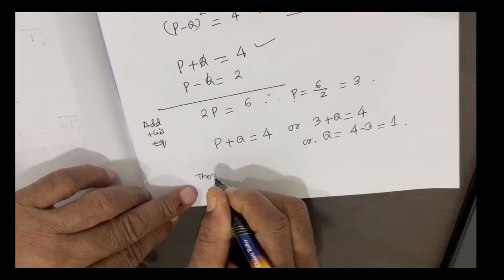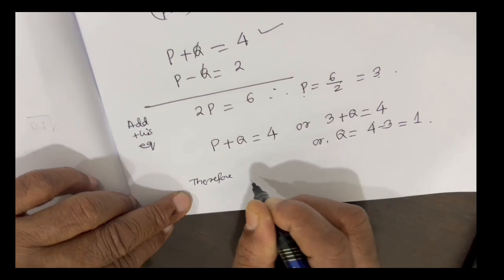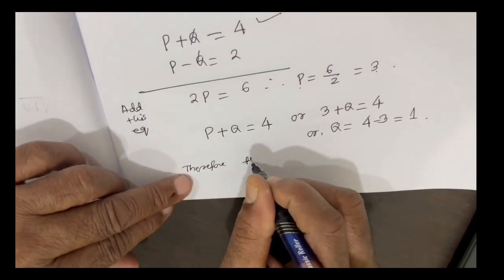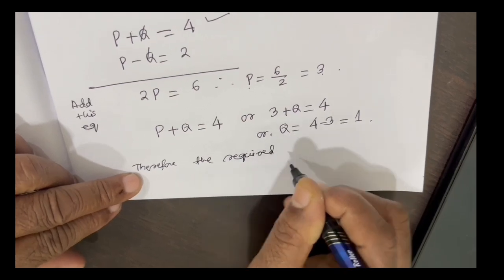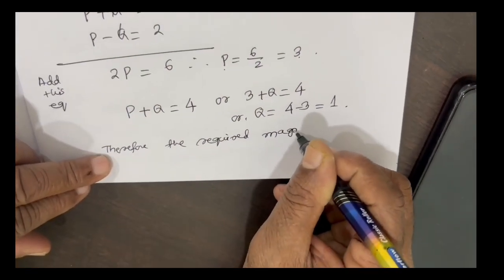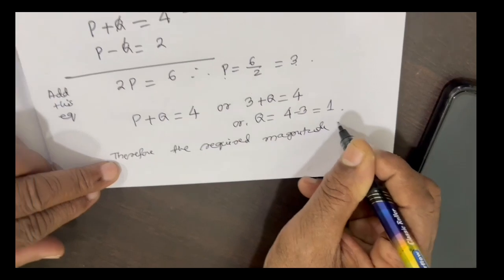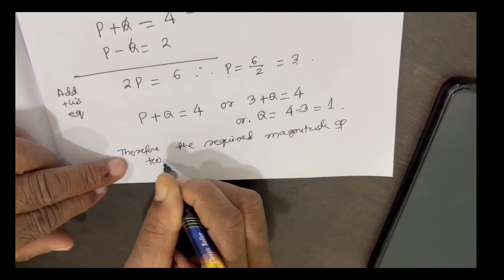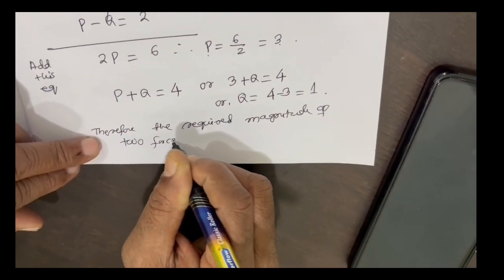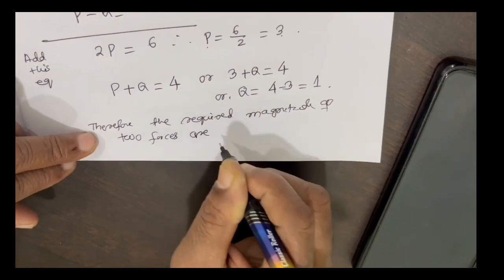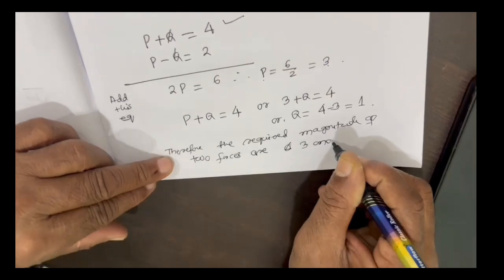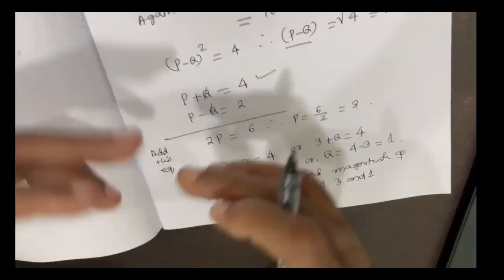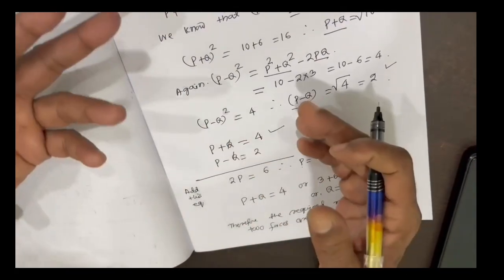Therefore, the required magnitude of two forces are 3 and 1. Then I will solve another problem.